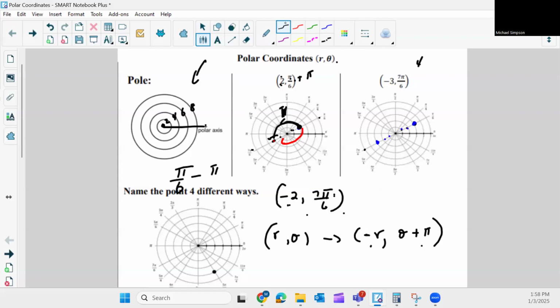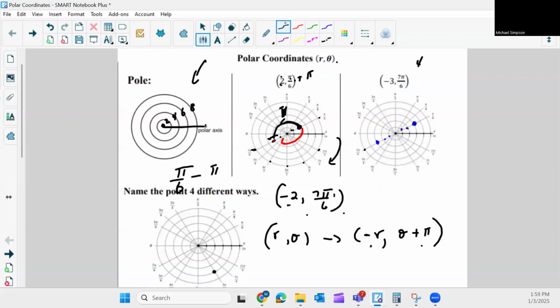All right. And this angle right here going in this direction is going to be what? Well, let's see. This is 1 negative pi over 6, this is 2 negative pi over 6, this is 3 negative pi over 6, this is 4 negative pi over 6.